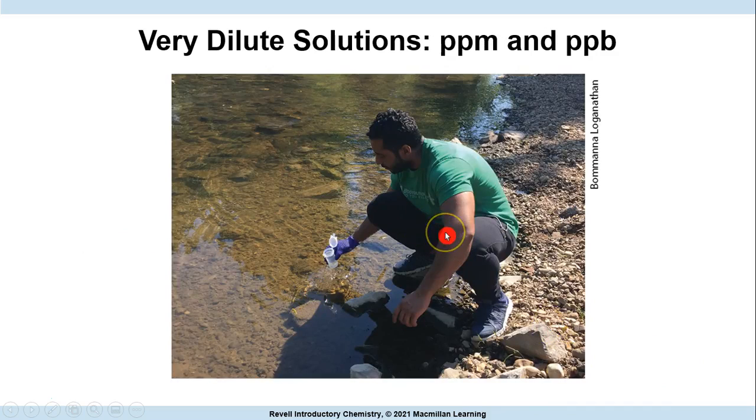Now let's see how we can describe very dilute solutions. So when we are looking at water here, like the rivers or the streams, the concentrations are always so dilute that they are described in terms of ppm and ppb. ppm stands for parts per million and ppb stands for parts per billion.